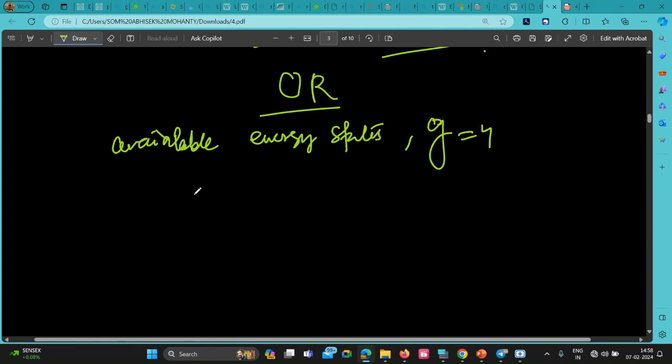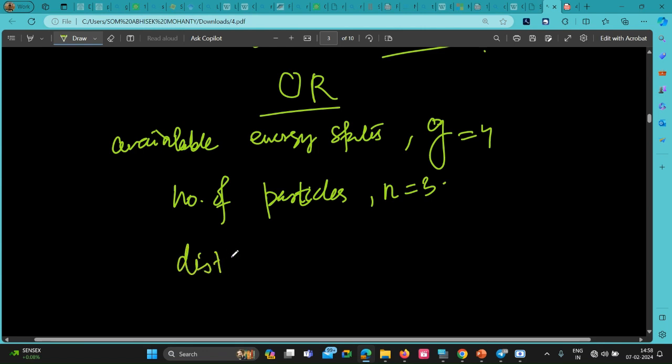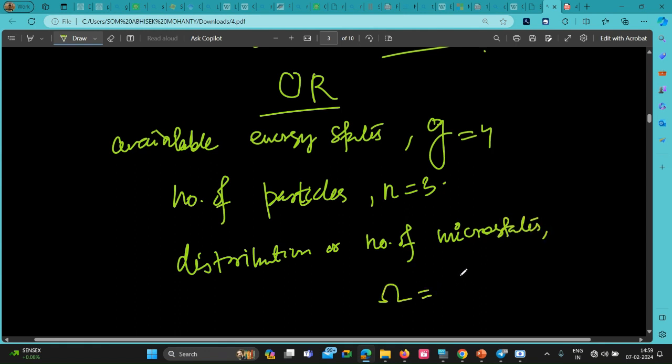The number of particles N is equal to 3. So the number of microstates is G choose N, 4C3.